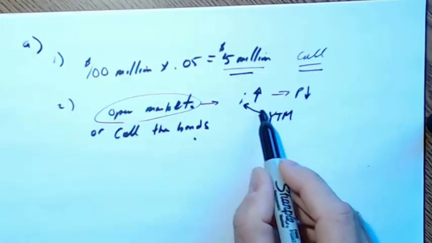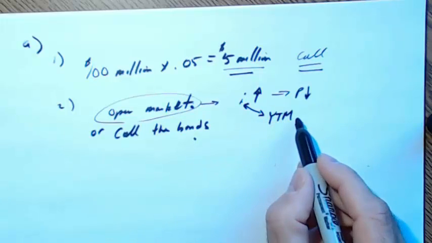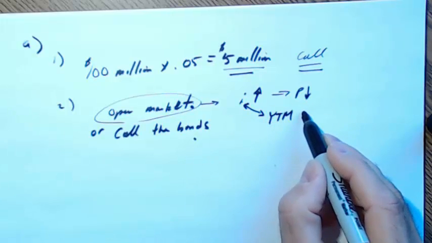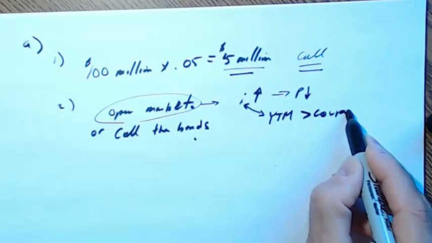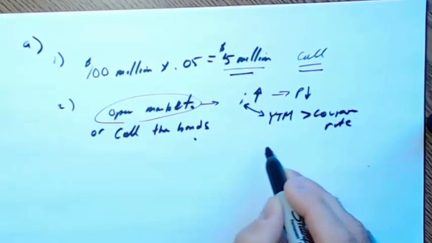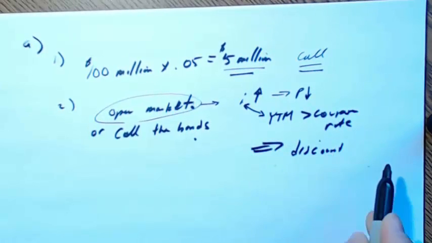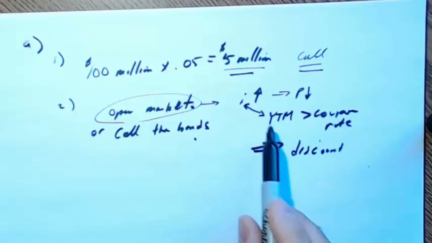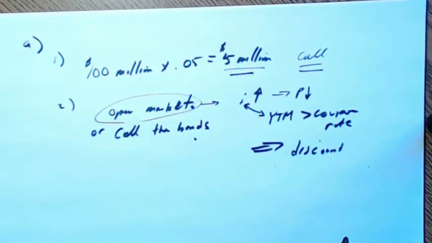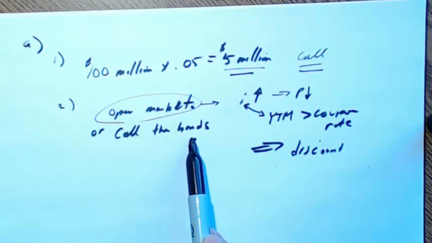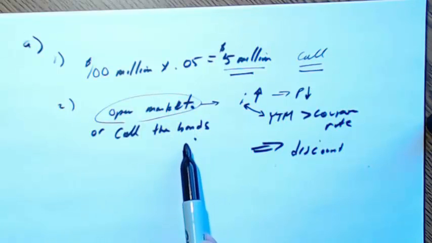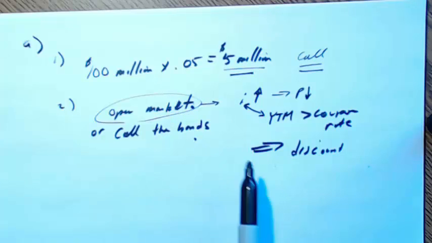If the yield to maturity is greater than the coupon rate, the bond will be selling at a discount to par, which means it's cheaper to buy in the open market. Okay, so two different methods to redeem these bonds back: open market or call them.